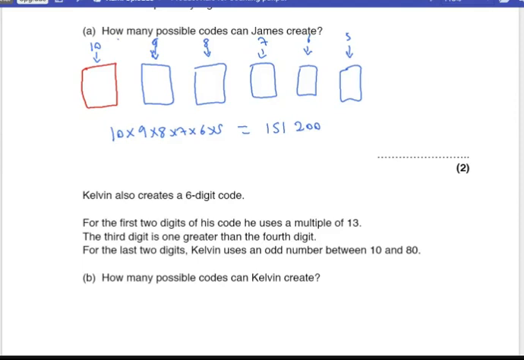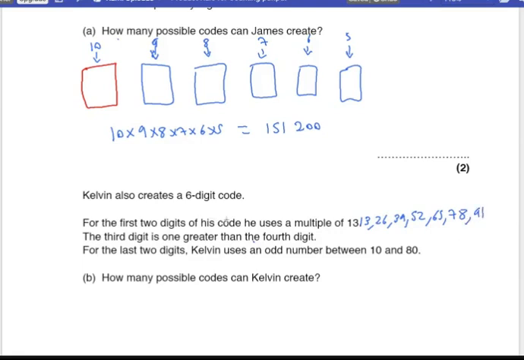Okay, so this is where it's a bit of contention. So yes and no. You've got the numbers 13, 26, 39, 52, 65, 78, and 91.